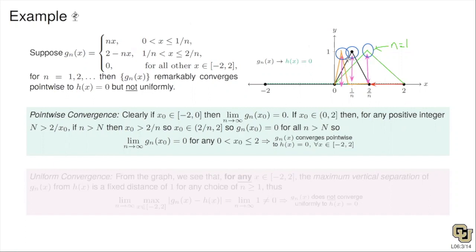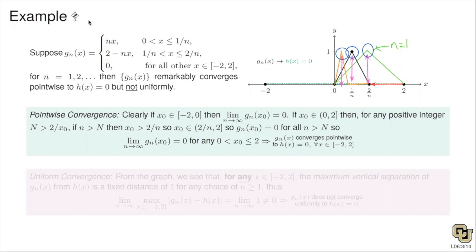Now, this is the tricky part. This is the part that's counterintuitive. When n goes to infinity, these intervals collapse to 0 here, and the only function we have is the 0 function. So this does converge to 0. It converges pointwise, but for any finite number n, if you pick it, you'll get one of these weird spike functions.